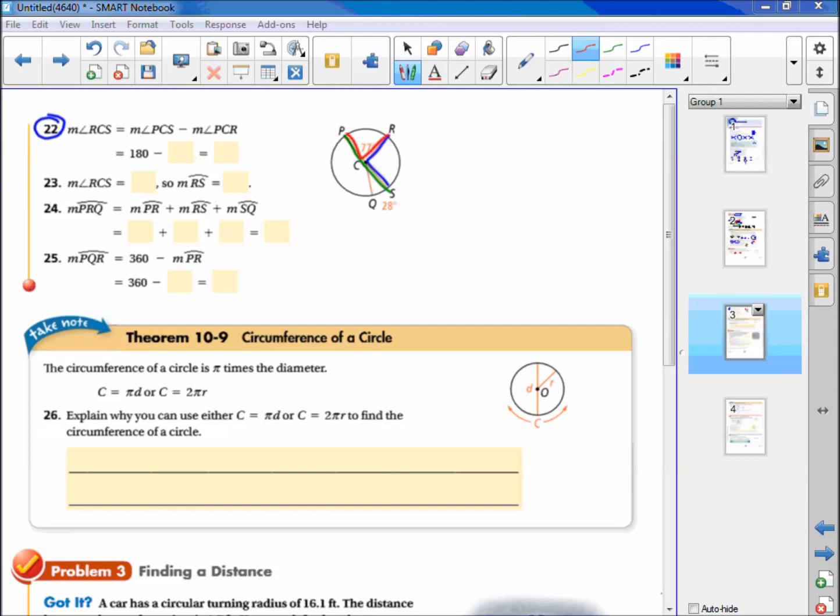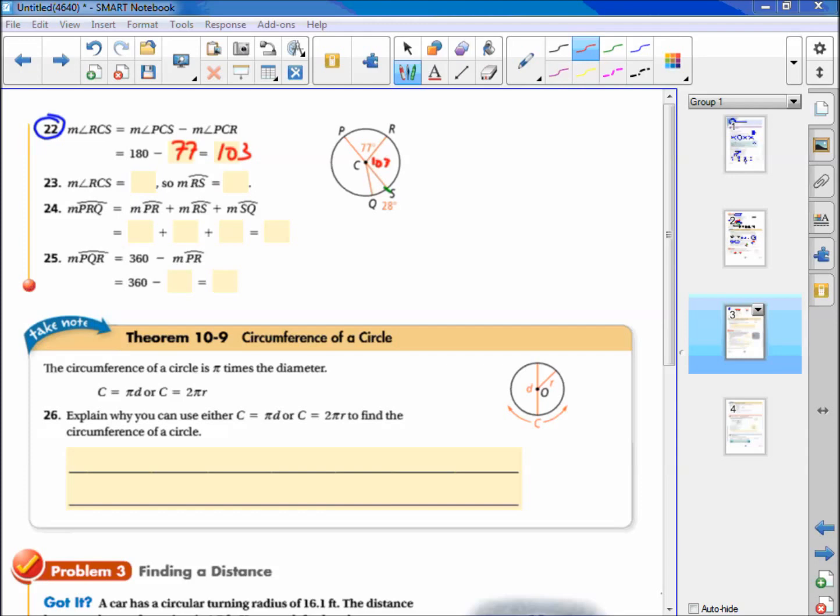So we could do 180 minus the 70, let's see, was that 72 or 77? 77, okay, and that will give us 103. Okay, so the measure of our central angle RCS is 103.